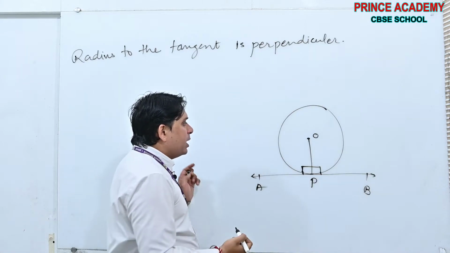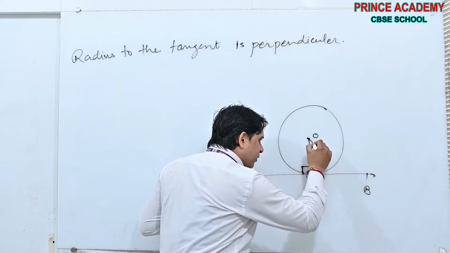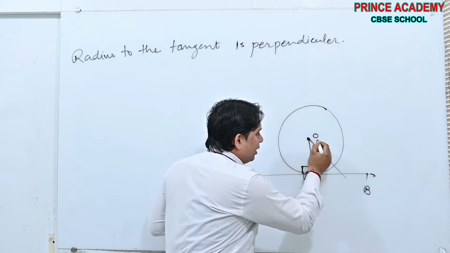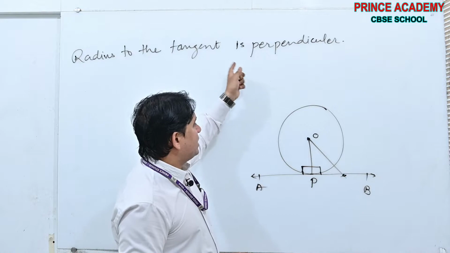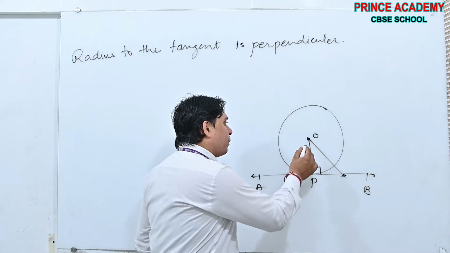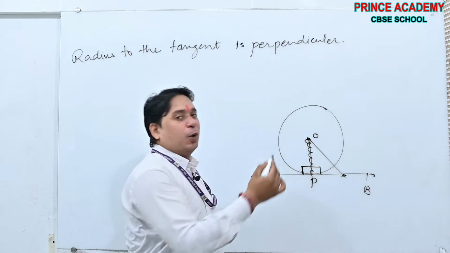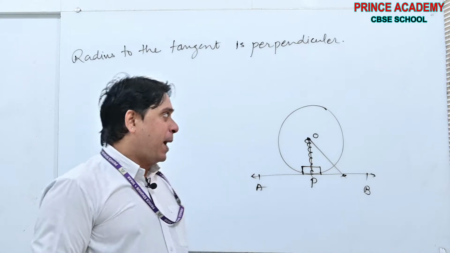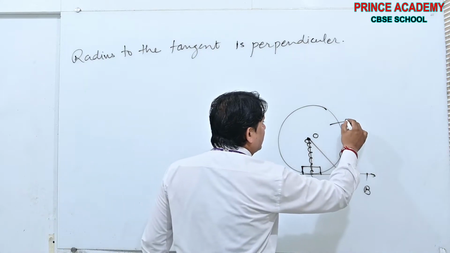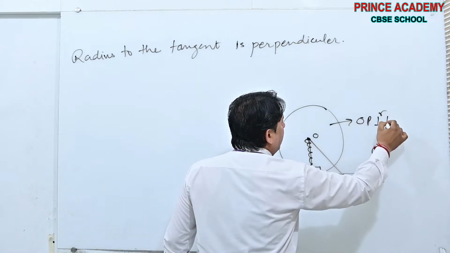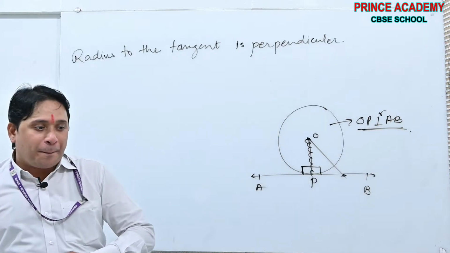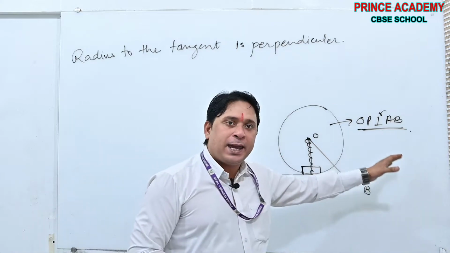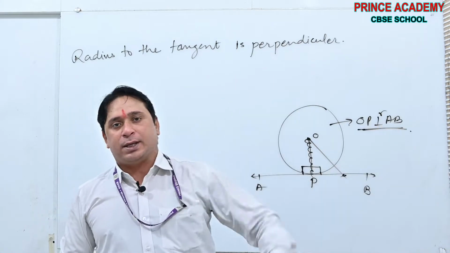See beta, if I am meeting any other point with the center, this will not be the radius. So the radius to the tangent is only OP, and that will be perpendicular, or in other words you can say OP is perpendicular to AB. We have to prove this. OP is perpendicular to AB. We have to prove this.